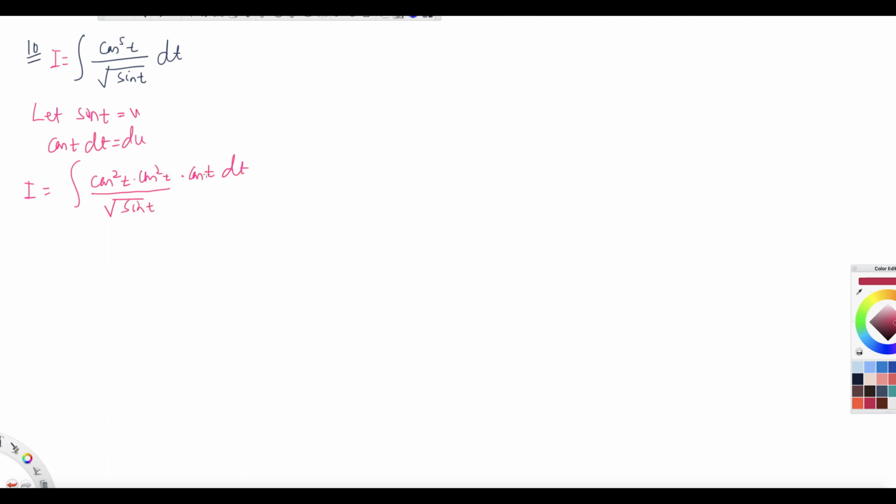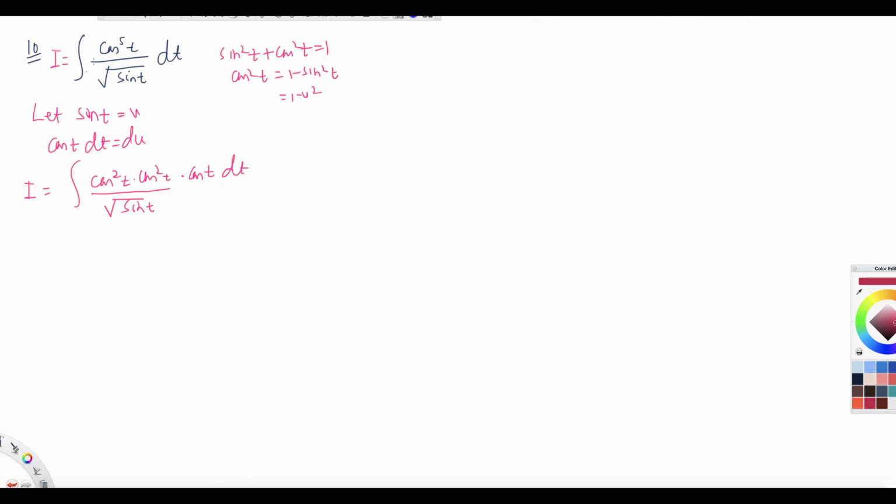You see that? The reason I need cosine t dt is to replace it by du, and the reason I need cosine squared t is because we know that sine squared t plus cosine squared t equals 1. So cosine squared will be 1 minus sine squared t, but sine t is u, so you can write cosine squared t as 1 minus u squared.